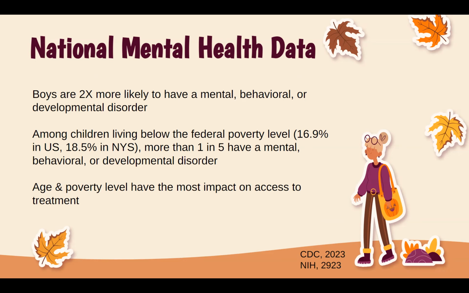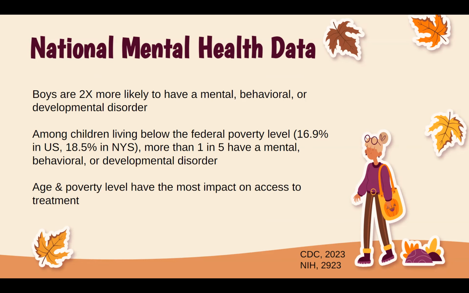Thinking about the kids that you work with, or the population that you're going to work with, thinking about their socioeconomic status is really important. Age and poverty levels have the most impact on access to treatment, so we see that in our urban and our rural settings.